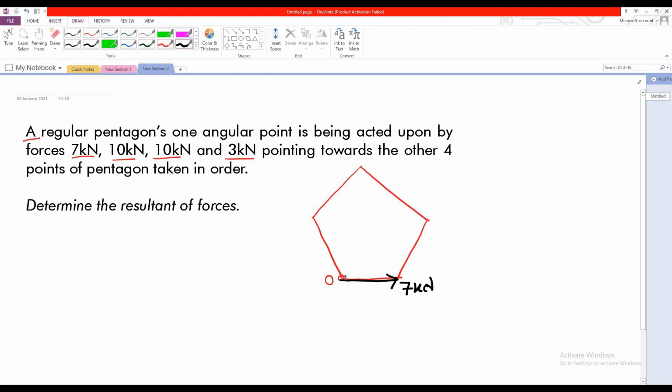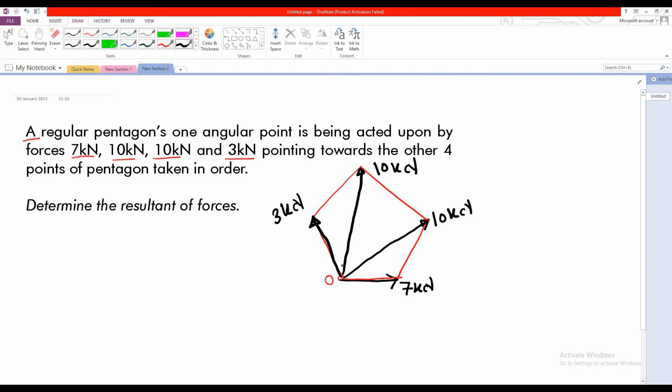The second force is originating from O and ending at the other point. Okay, this is 10 kilonewton. Then originating from O, meeting at another point of the pentagon, 10 kilonewton. And finally the 3 kilonewton force. And we have maintained the order. First we started with 7, then we ended on 3 kilonewton.